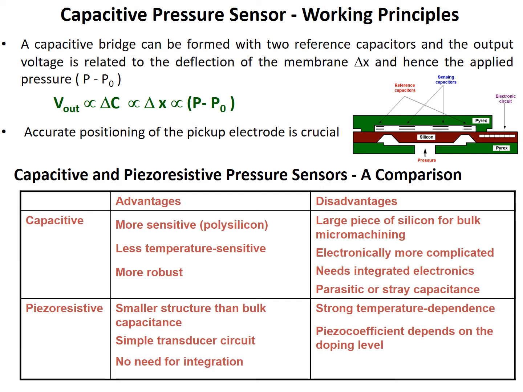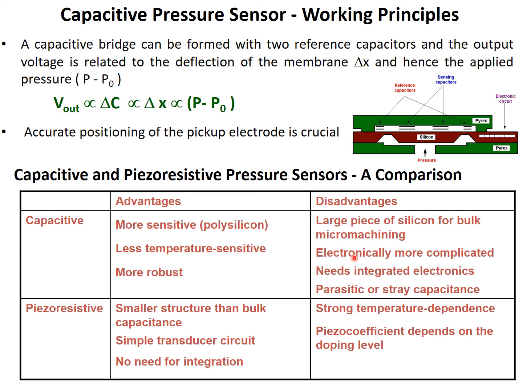Okay. The next one is robustness. So these are the three advantages of the capacitive sensors. One is the sensitivity, another is that it will not be affected so much by temperature, and its robustness is also more. Whereas if we go for the disadvantages, capacitive types mostly use a large piece of silicon for bulk micromachining, which adds to the cost, in terms of cost as well as the material point of view.